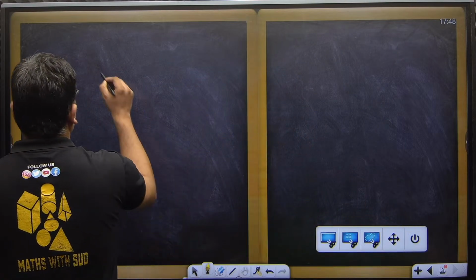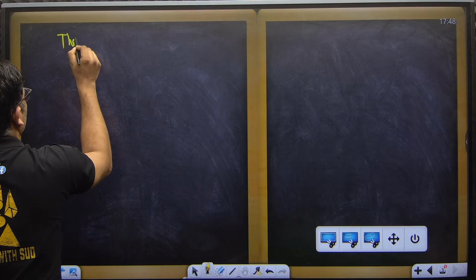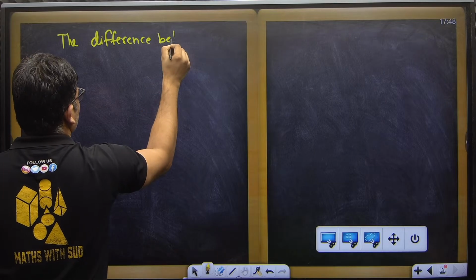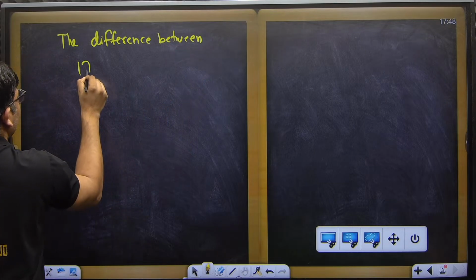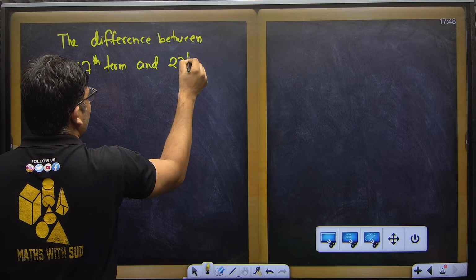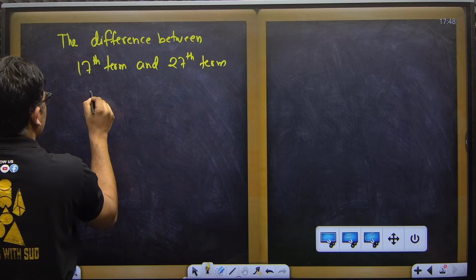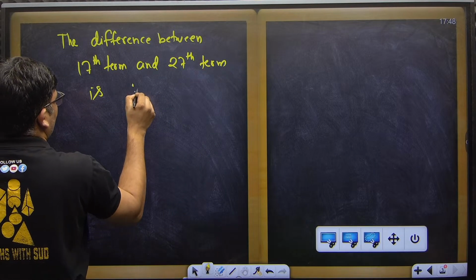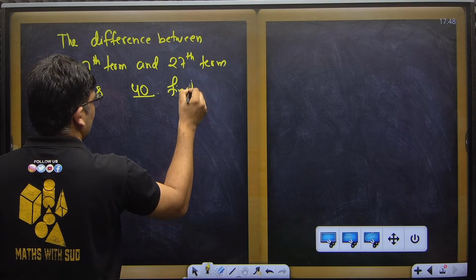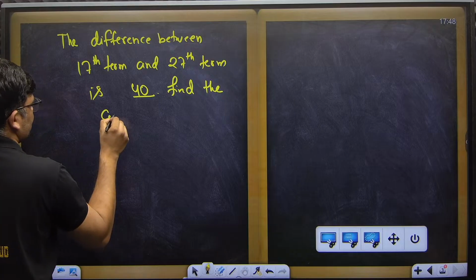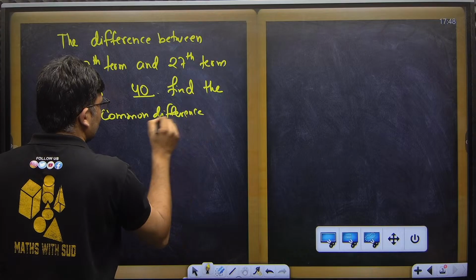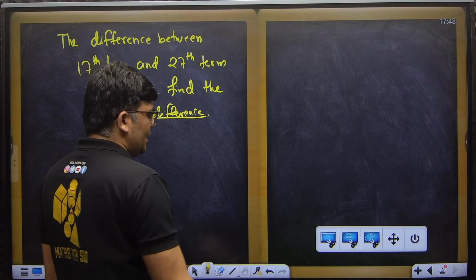Sometimes you may be given that the difference between the seventeenth term and the 27th term is 40. Find the common difference.